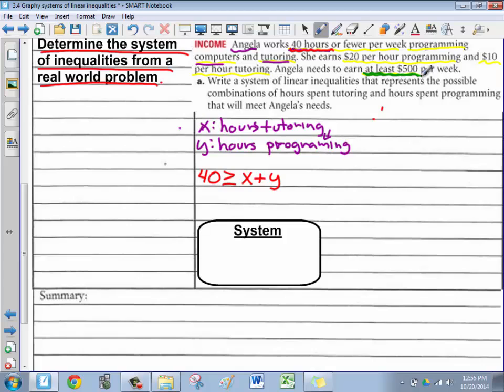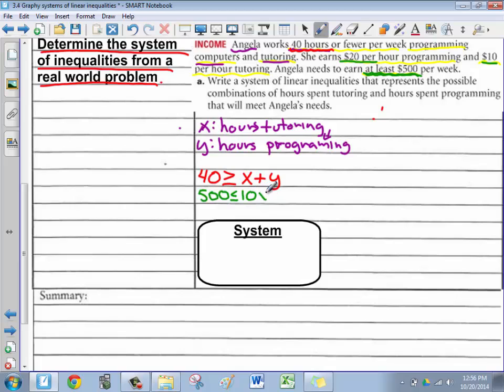Okay? This person, Angela, wants to make at least $500, okay? Because it's at least $500, we know that what she makes has to be 500 or more, okay? So for each hour that she tutors, how much money does she make? She makes $20 per hour programming and $10 per hour tutoring. So each hour she tutors, she makes $10.